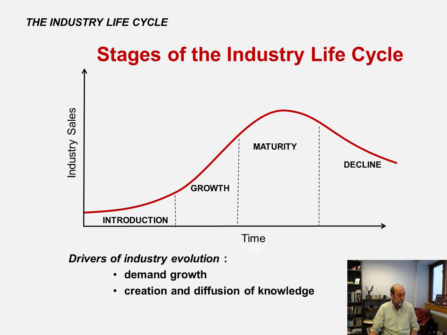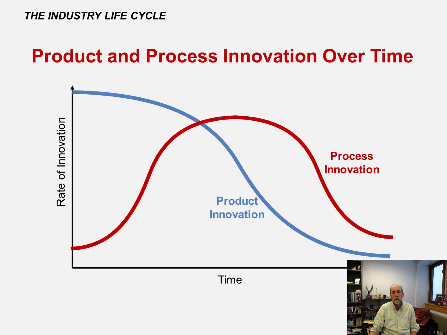So, why do we care about something like this? Well, we partly care because we can see some real differences in what tends to happen in an industry over the course of the life cycle. For example, shifts from product to process innovation. Generally, there's new product innovation that starts the industry going.